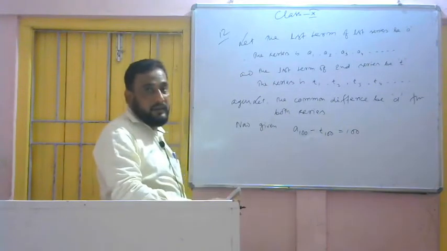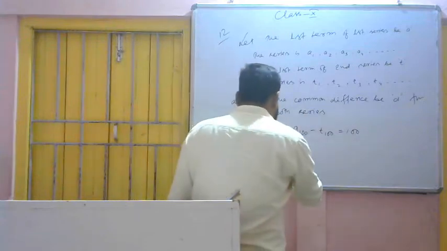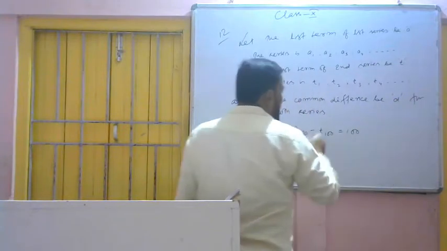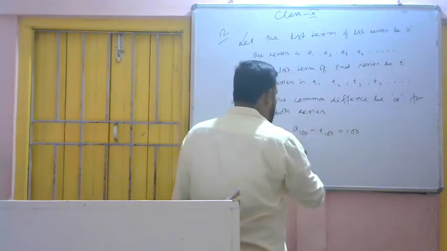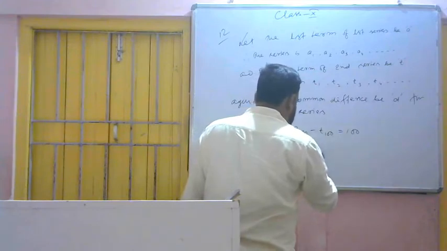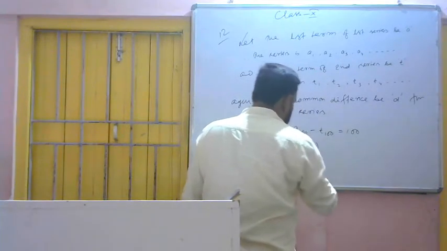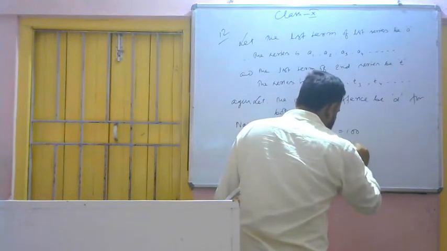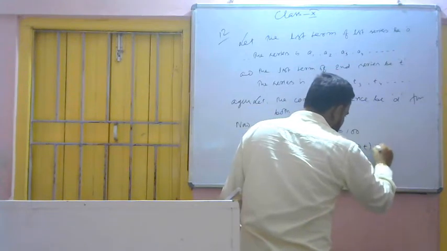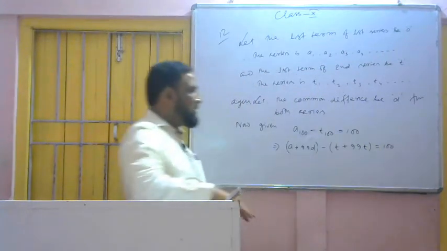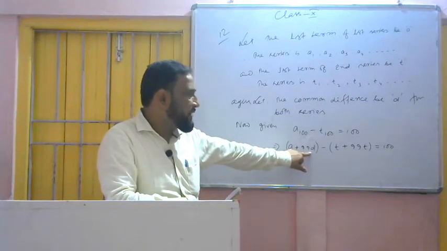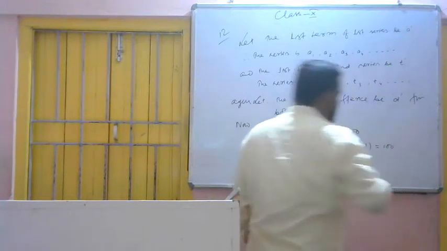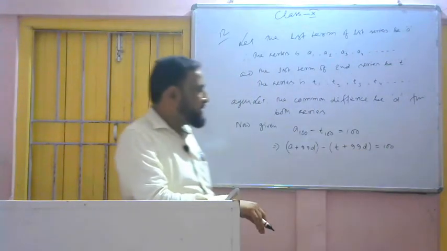As the common difference d is the same for both series, a plus 99d, taking common difference as d, minus t plus 99d is equal to 100. The common difference for the first series is d and for the second series is also d. Here it was written as t by mistake.